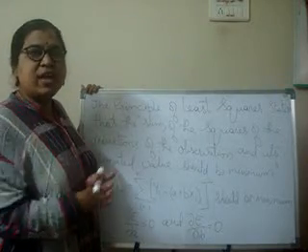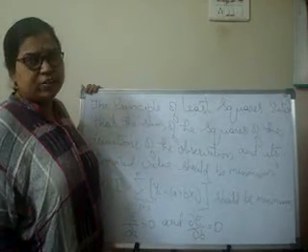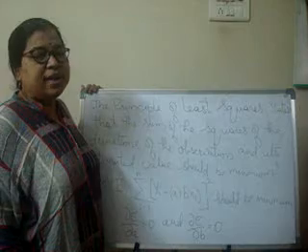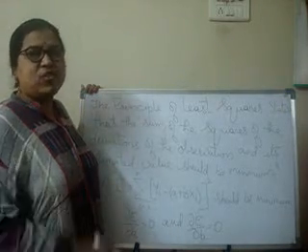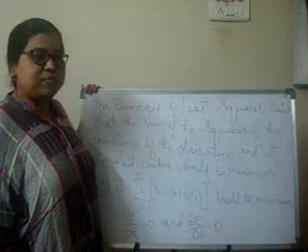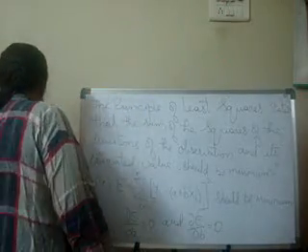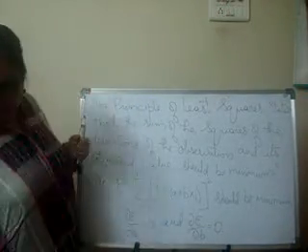That means it is nearer to the given value. That is the principle of least squares. We are going to use that in this chapter and solve our problems. So first we will start with the fitting of a straight line.